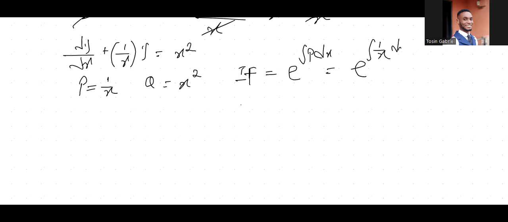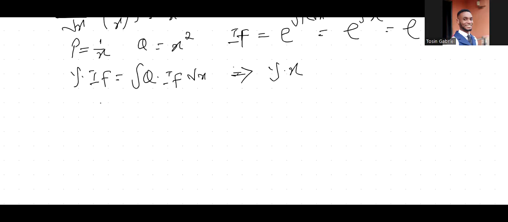Then e raised to the power of the integration of 1 over x, which is the same as ln x. Anytime e is raised to the power of the logarithm of anything, it becomes that thing. So e raised to the power of ln x is the same as x. So that's it. We have gotten our integrating factor.